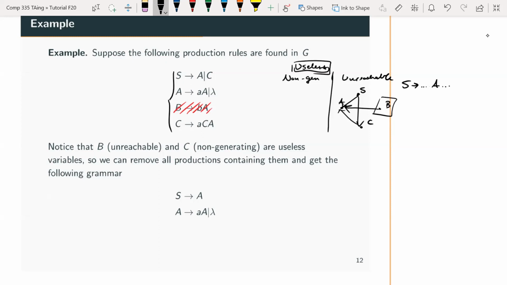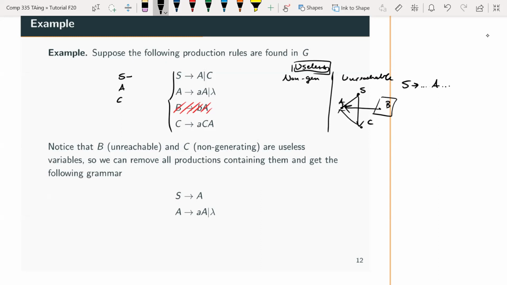Non-generating is a bit trickier, but the idea is if you can have a derivation that's going to lead to some string where you just have a string of terminals, then that variable is going to be generating. So let's check it for S, A, and C. For S, how can I produce a terminal string?